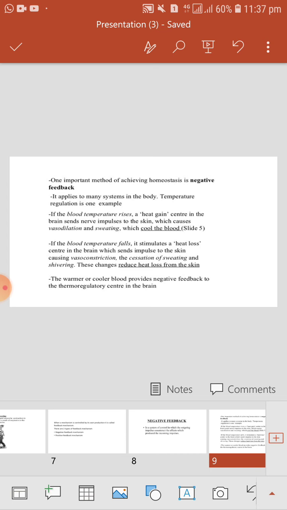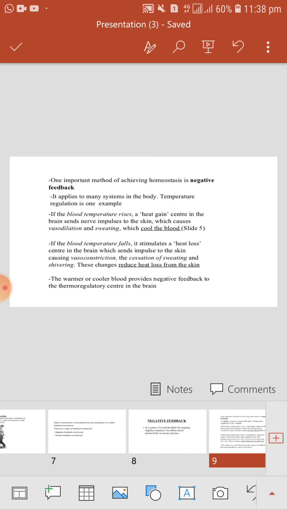Negative feedback applies to many systems in the body, for example temperature regulation. If the blood temperature rises, a heat loss center in the brain sends nerve impulses to the skin, which causes vasodilation and sweating. I discussed vasodilation and sweating in the previous slides.